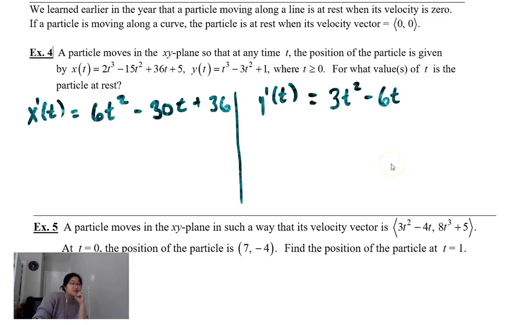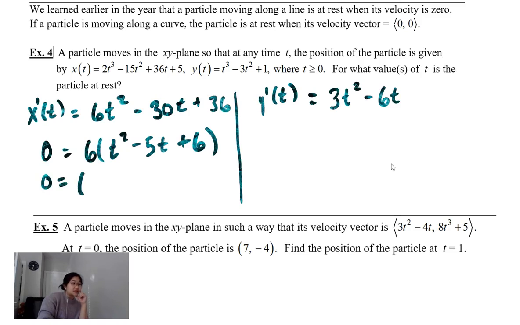So take some derivatives of your x and your y. Set those equal to 0. What do you get? We can factor out a 6 here, so we get t squared minus 5t plus 6, and that's factorable. So then we get 0 is, what, t minus 2, t minus 3.